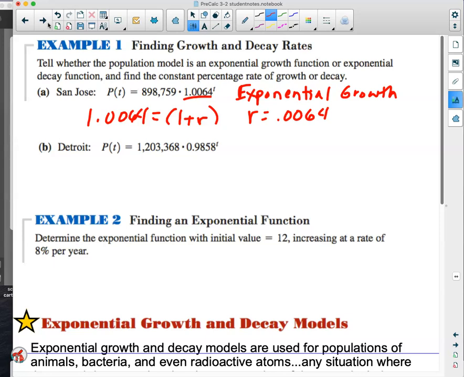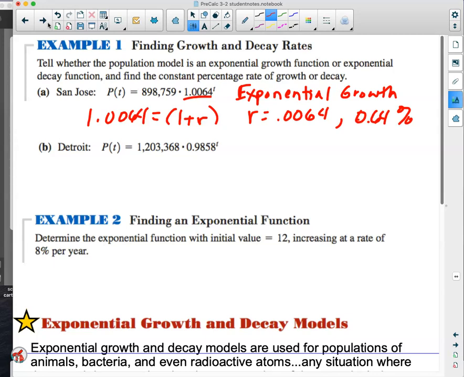Find the constant percentage of growth or decay. And so we'd have to move the decimal 2 places to the right in order to talk about this as a percentage and make sure that we label it. So that would be 0.64% for our percentage rate of growth or decay. And maybe just put a little comma here to break those two up. So there we have it.